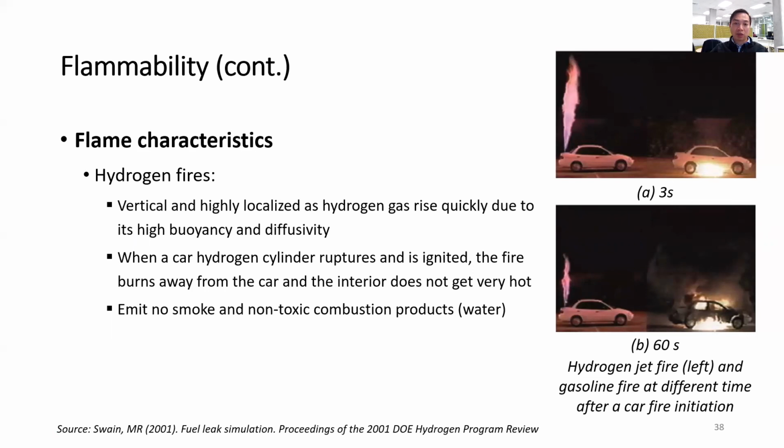They took the pictures between 3 seconds after igniting the hydrogen and the gasoline and 60 seconds later. And you can see that after 60 seconds of burning, the car that had hydrogen inside is almost intact, whereas the car that was burning due to gasoline ignition is nearly destroyed.